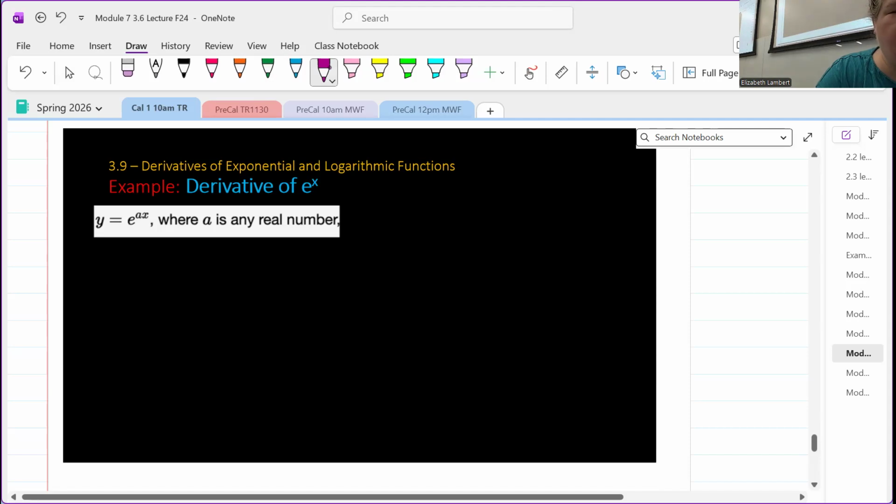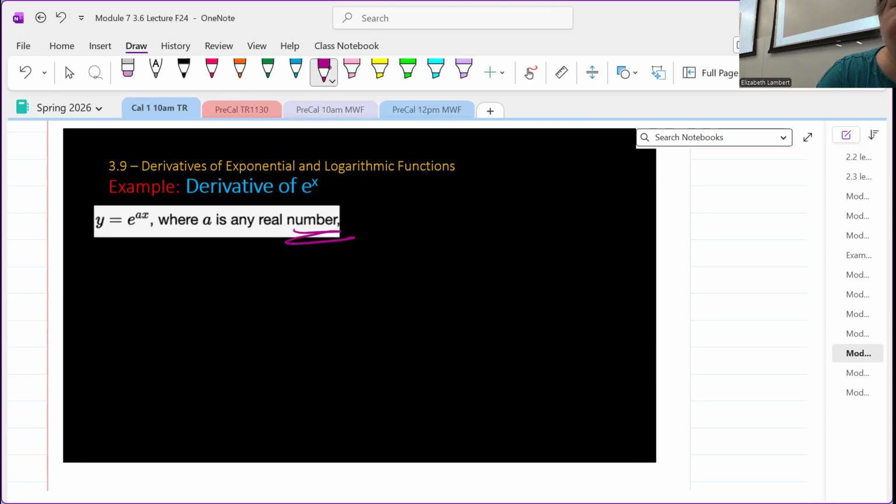So, a quick example: y equals e to the ax, where a is any real number. Then the derivative of this is: e to the x is e to the x, e to the ugly is e to the ugly, times the derivative of the ugly.